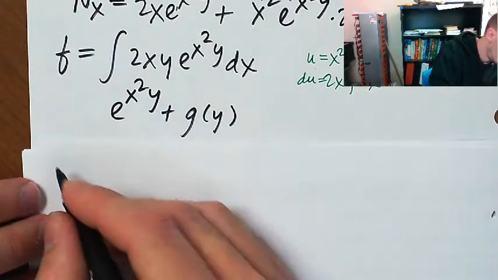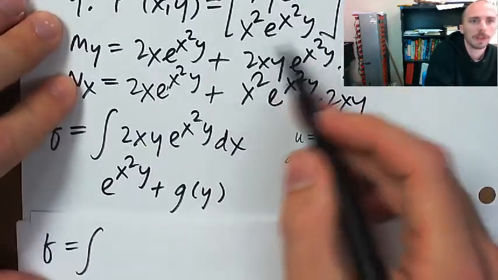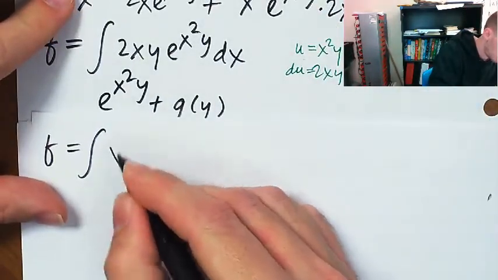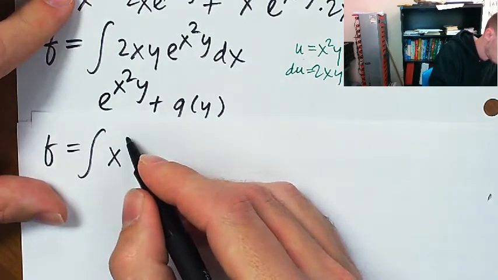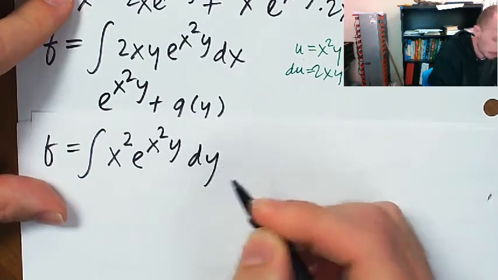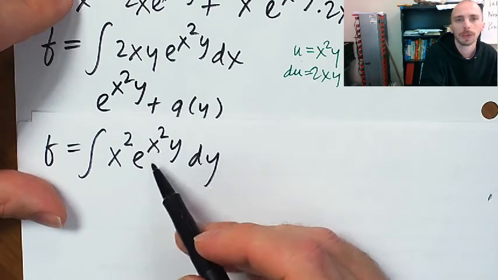See that f is also equal to an antiderivative of this term with respect to y. With respect to y, this thing's going to be its own antiderivative.